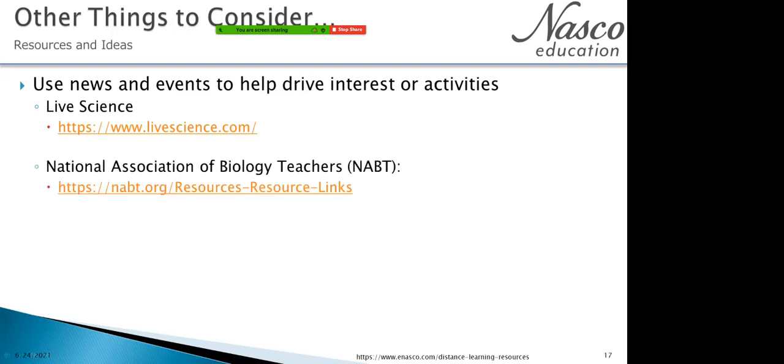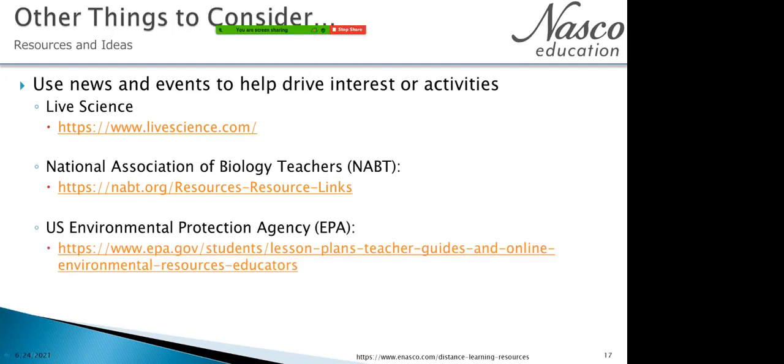We also have, of course, the National Association of Biology Teachers. Maybe you've probably heard of this already, but they do have a variety of different resource links beyond just if you are a member. Then they also have, of course, the EPA, which also has a variety of great teacher guides and lessons that can be utilized for these different areas as well.